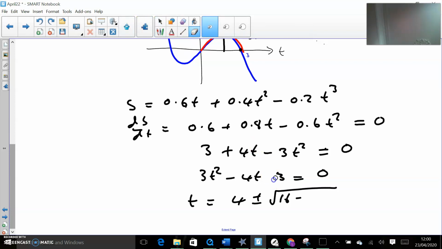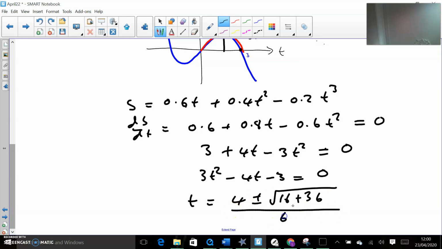Cross it out. That is minus 3. So when we do minus 4ac, it becomes plus 4 times 3 is 12, times another 3 is 36, over 2a, which is 2 threes are 6, so that's 4 plus or minus the square root of 52 over 6.